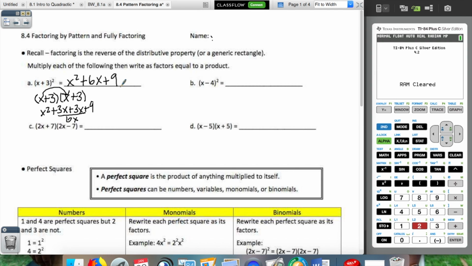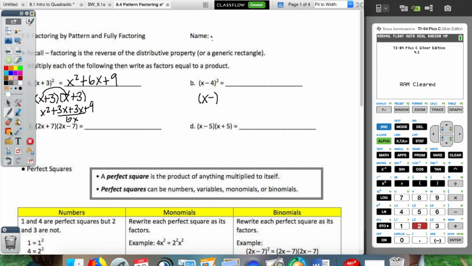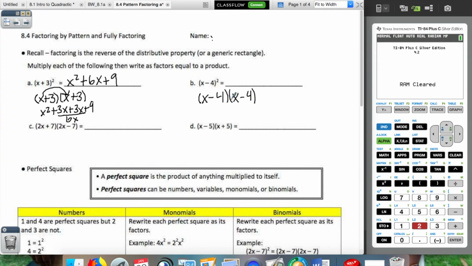Alright, and let's do it one more time. Over here with this x minus 4, of course, first we need to write it out twice. So x minus 4, that's not a 4. X minus 4 times x minus 4. So let's start with first, what's x times x? X squared. X times negative 4 gets us negative 4x.